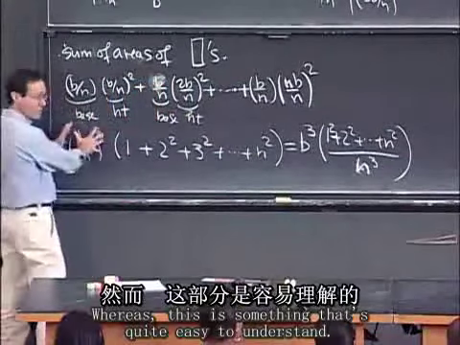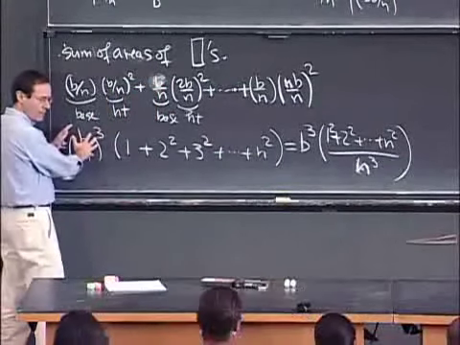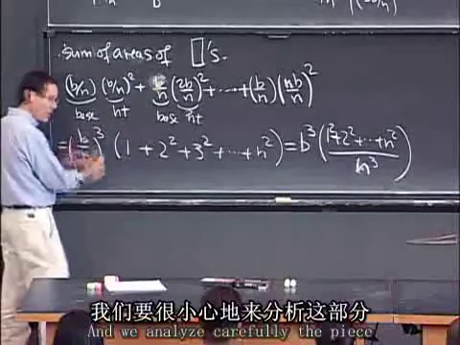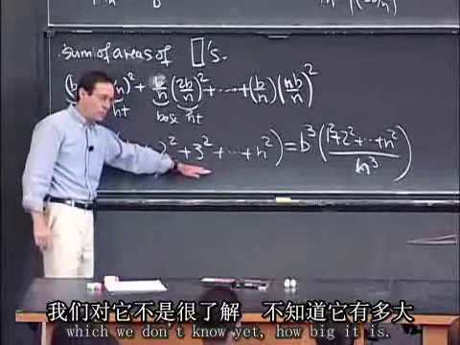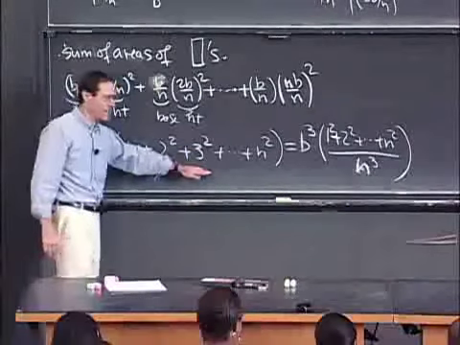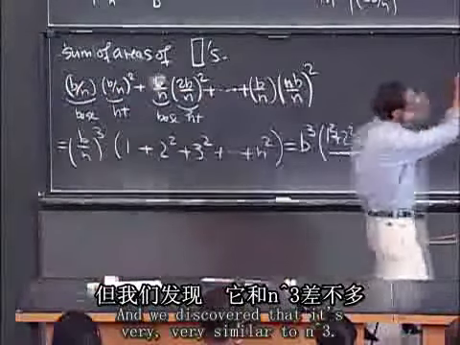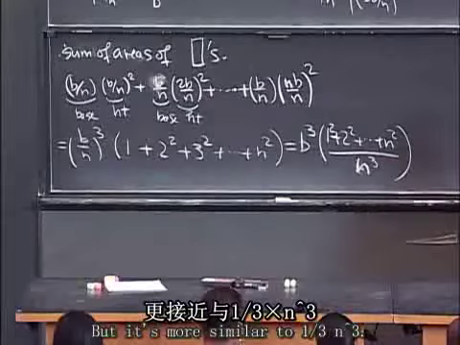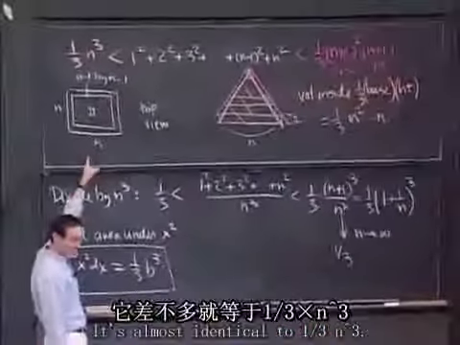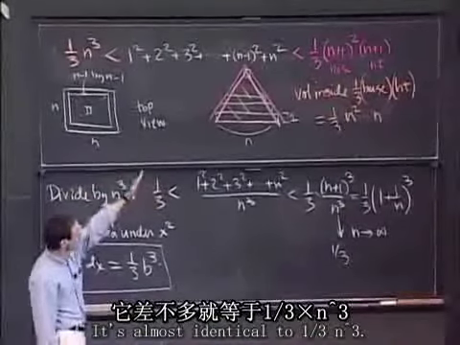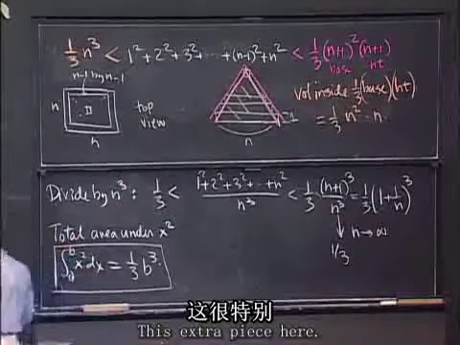Whereas this is something that's quite easy to understand. So we factor it out, and we analyze carefully the piece which we don't know yet how big it is. And we discover that it's very, very similar to n cubed, but it's more similar to 1/3 n cubed. It's almost identical to 1/3 n cubed, this extra piece here.